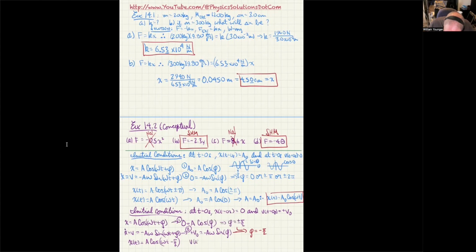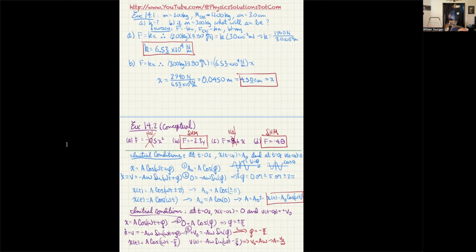So v of t is equal to negative a omega sine omega t minus pi over 2, like that. And in this case, this combines to give us the fact that v0 has got to equal a times omega, and therefore a must be v0 over omega.